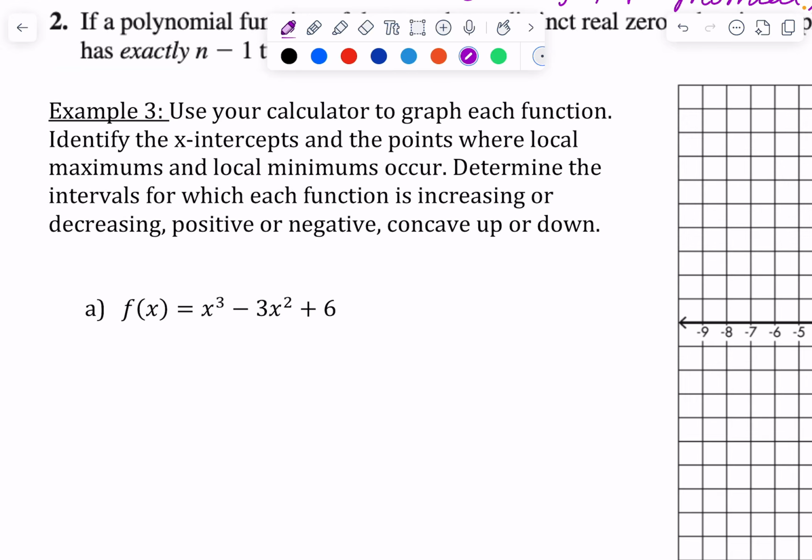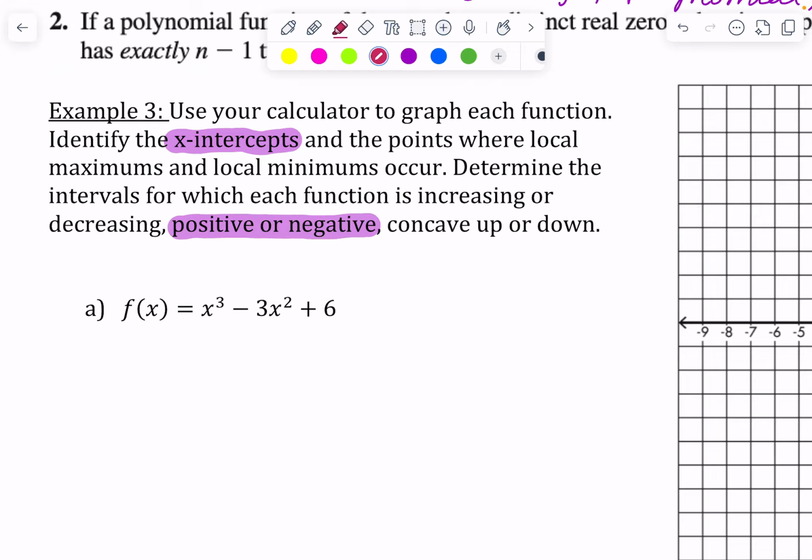Okay, so if you remember, you go to your calculators, go to graph, type in the function, and I'm getting a pretty good view of my function if I have the window set to standard. And if you want to add the grid line, just hit menu, view grid, then add a lined grid. Okay, so the x-intercepts I'm going to use to determine where the function is positive or negative.